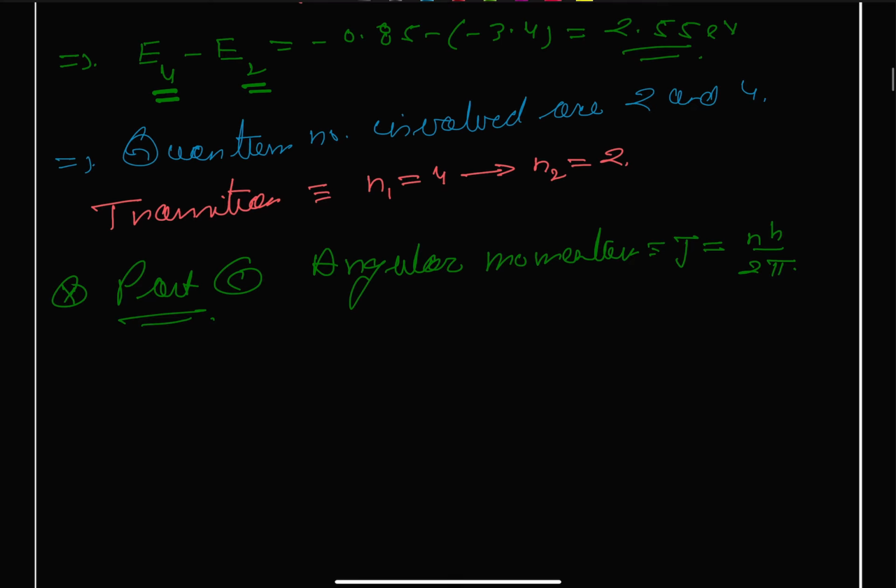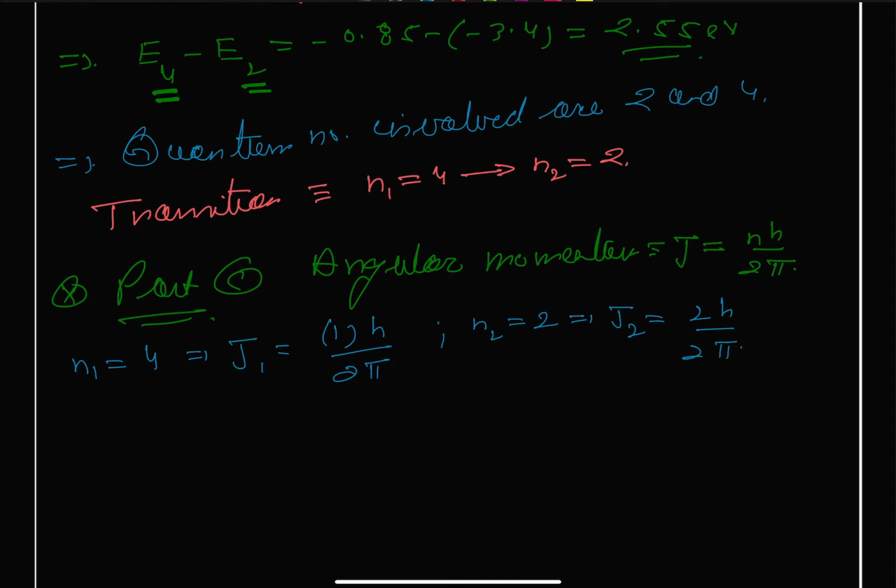First value of n is 4, so n1 is equal to 4. Based on this, J1 will be equal to 4h upon 2 pi. And second value is n2 equal to 2. This gives us J2 equal to 2h upon 2 pi.